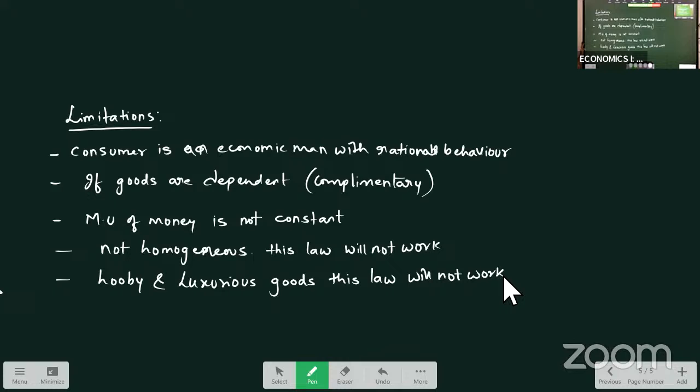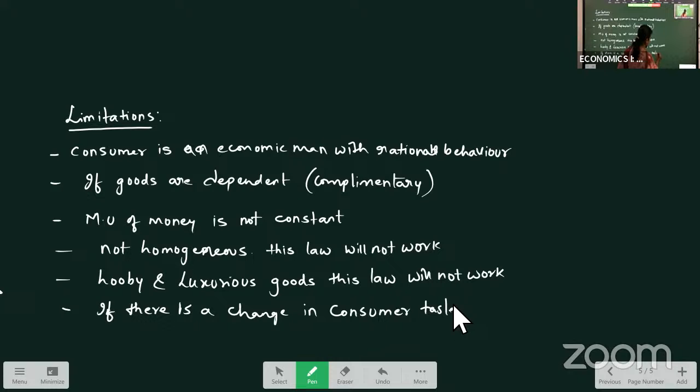And another limitation is that if consumer income changes, if there is a change in consumers' taste and habits, if there is a change in consumers' taste and preferences, then this law is not applicable.